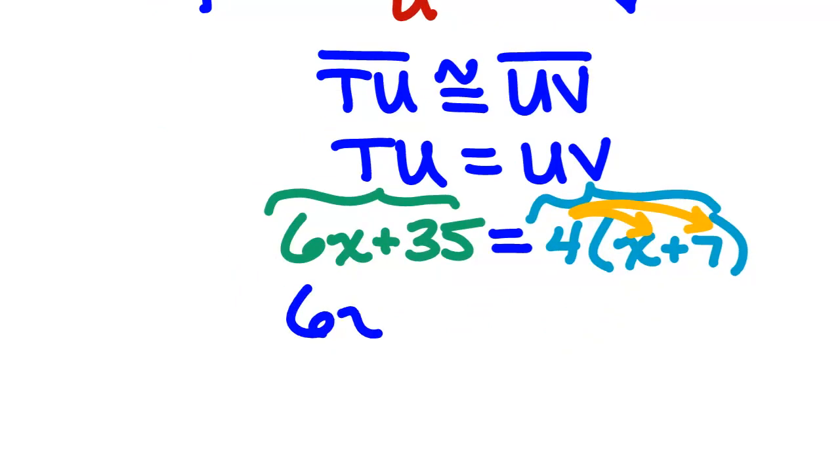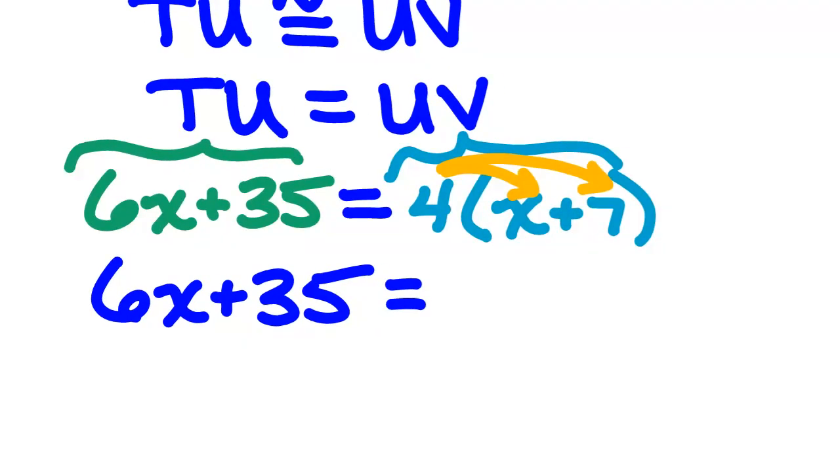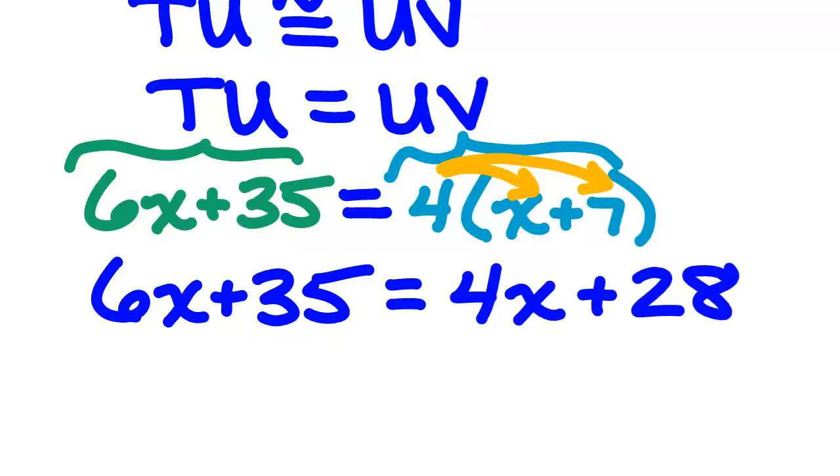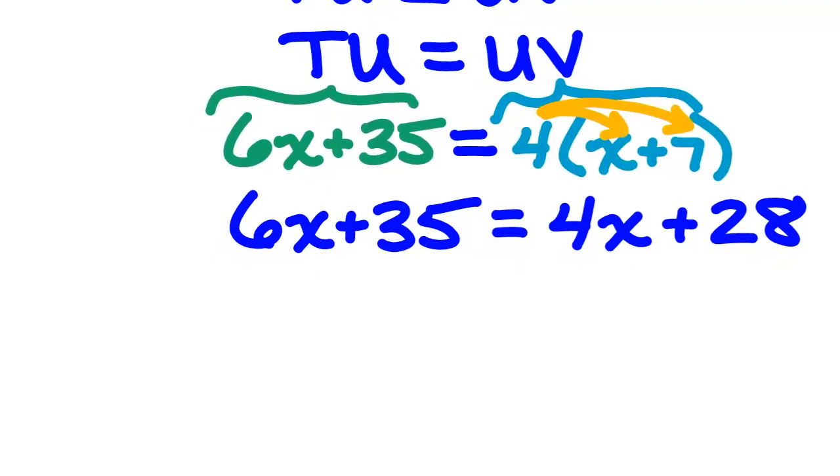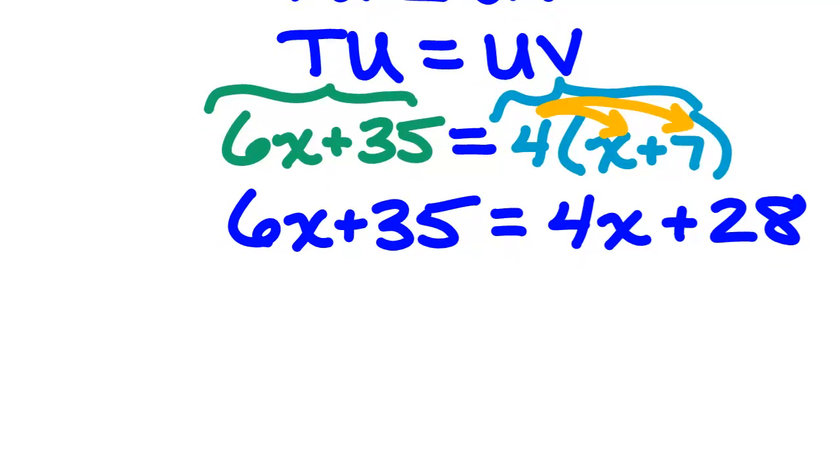Bring down the left, 6x plus 35. What do I get when I distribute over here? 4x plus 28. What now? Get the x's to one side. We're going to minus 4x from both sides. Could I minus 6x from both sides instead?